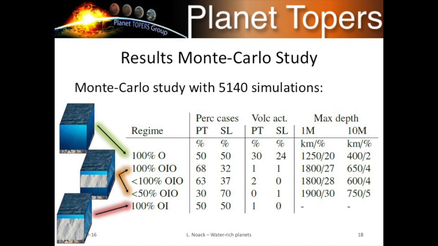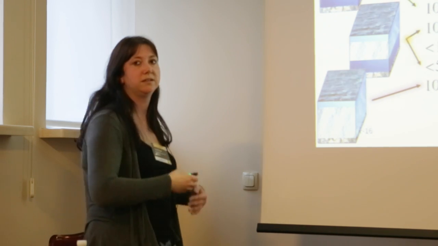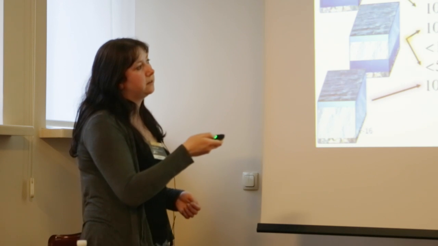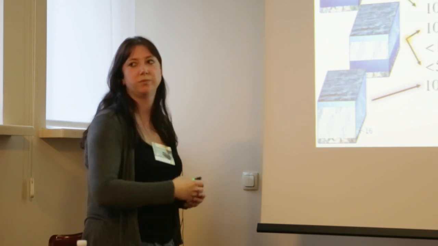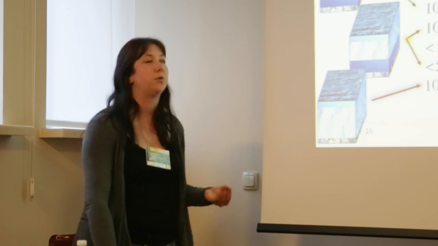But if you take this possible, maybe episodic lower ocean into account, you can go to about 50% deeper water layers. For 10 Earth mass planets, this is even a factor of 2, the change in possible habitable water layers.